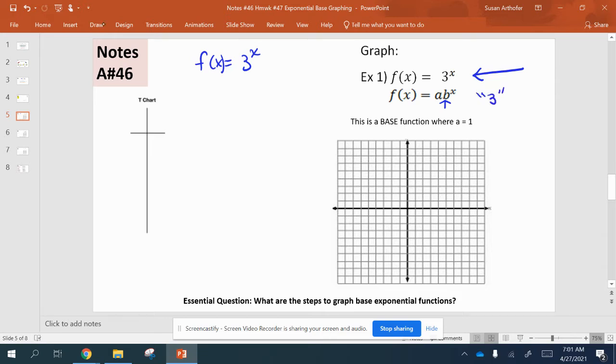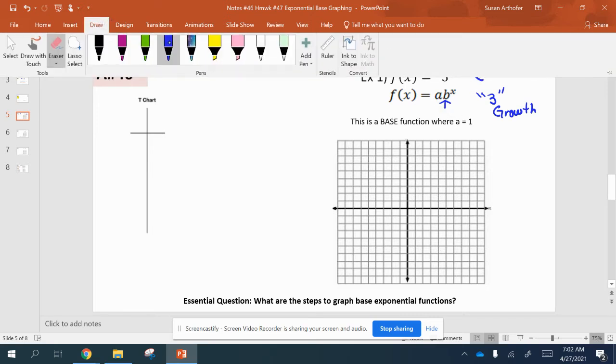So 3 is the base, and we're going to see that this is going to be a growth graph because of the 3. We'll talk more about that in just a minute. The a in this case is a hidden 1, but you don't need to write that down.